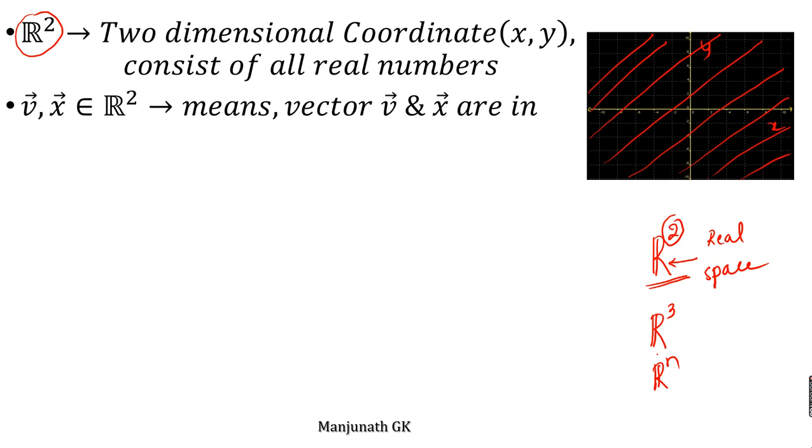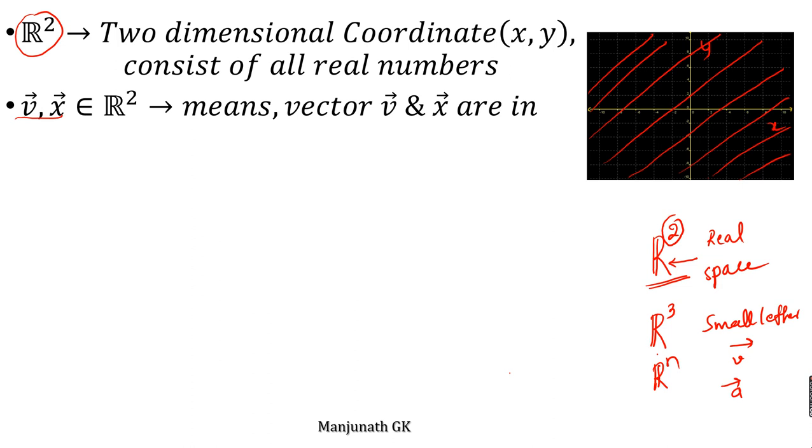Vectors are always denoted with small letters with an arrow mark above, for example V with an arrow, A with an arrow, and so on. Similarly, two vectors are considered here, vector V and vector X. All are small letters over which an arrow mark indicates these two are vectors.